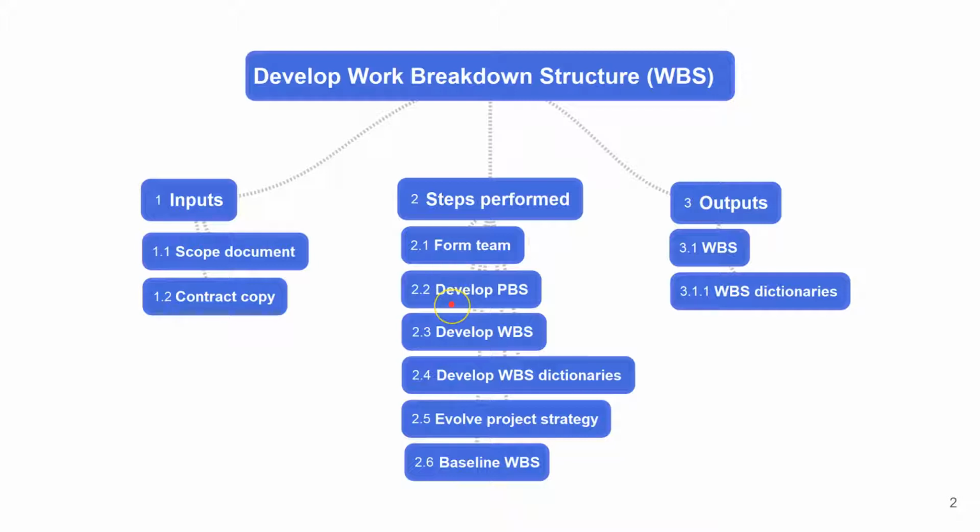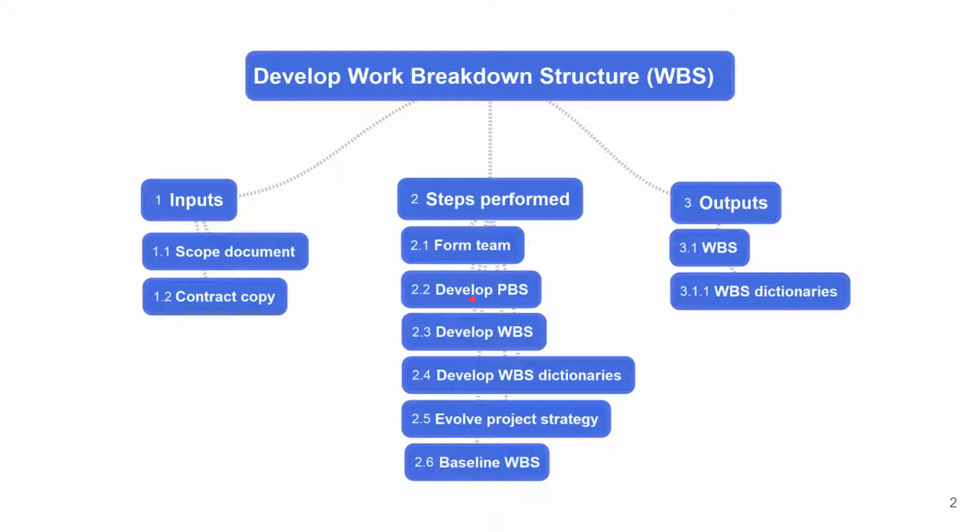And then the second step is to develop a product breakdown structure. By looking at the scope document and the contract copy, we will know what all the deliverables are that must be delivered to the customer. So using that as a basis, we develop a product breakdown structure.